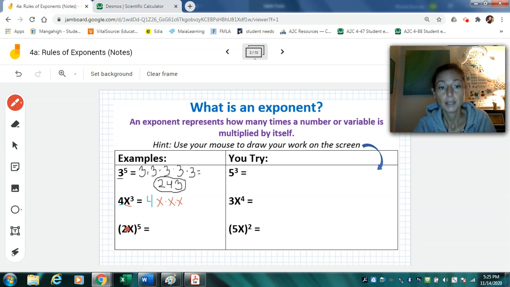This one down here, though, you see the parentheses? That means everything inside the parentheses is affected. And so when we see exponents on the outside of parentheses like that, we want to make sure we apply it to everything inside. So what this means is all of 2x gets to the 5th power. So that would be 2x times 2x.